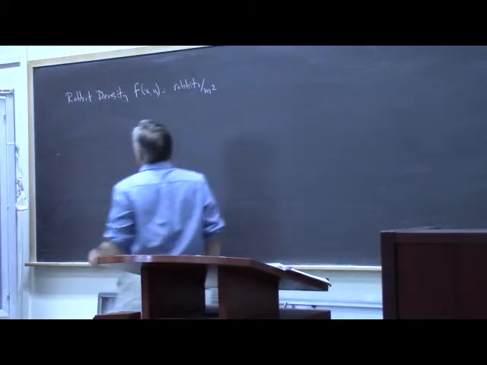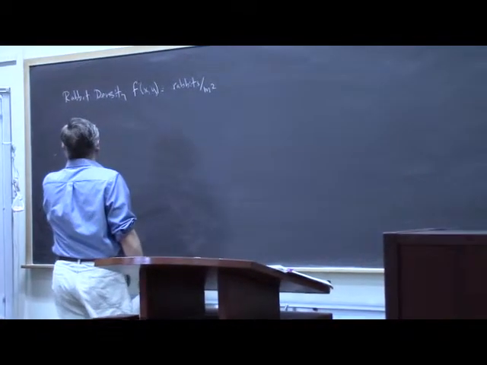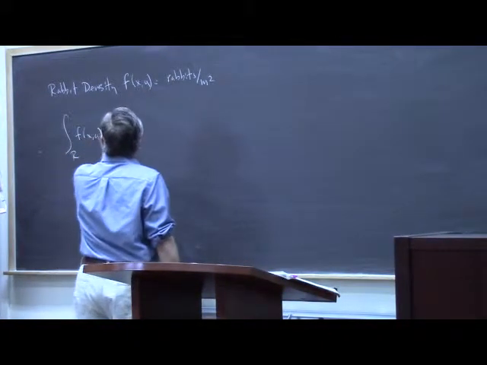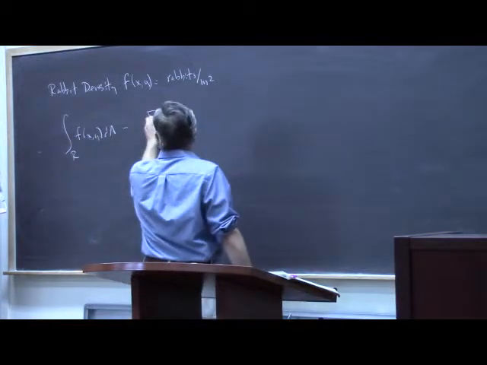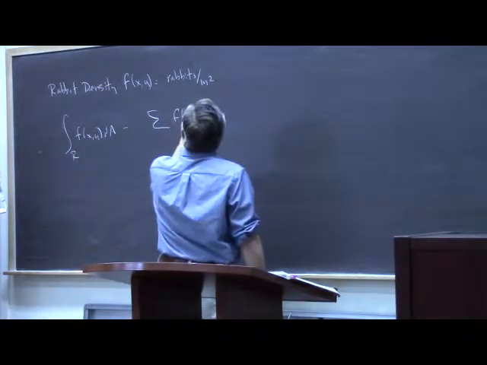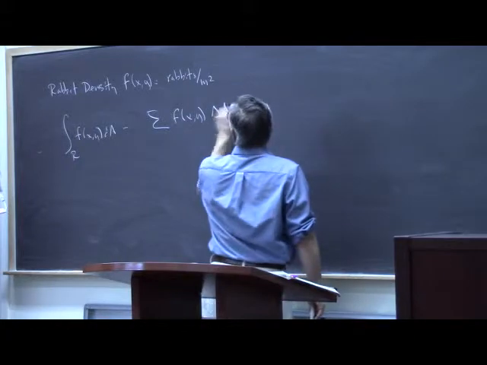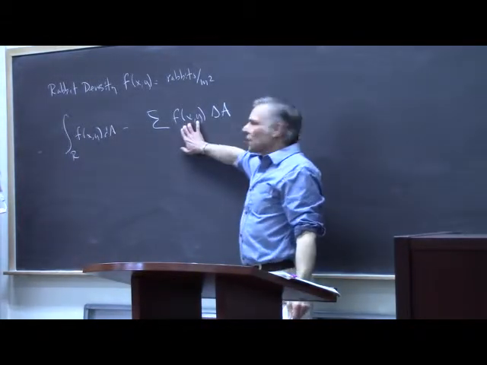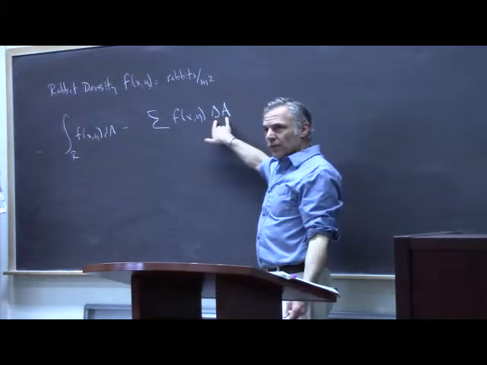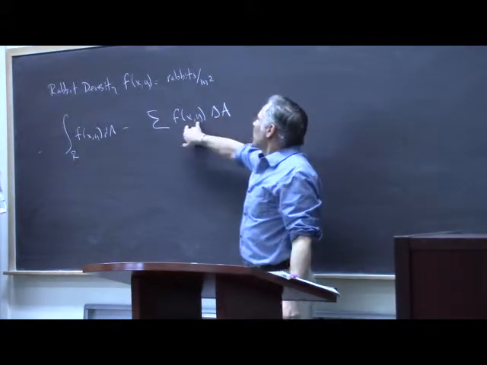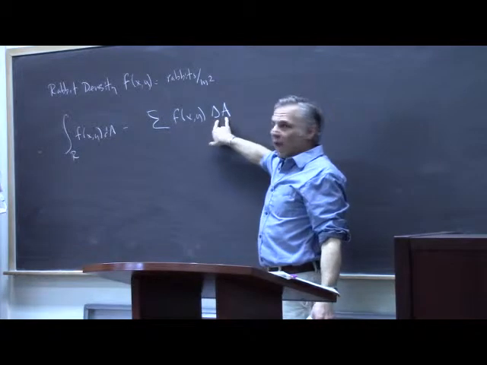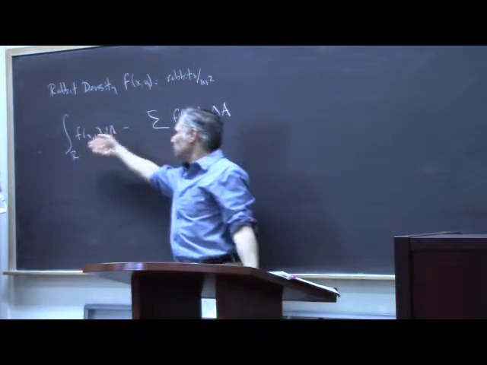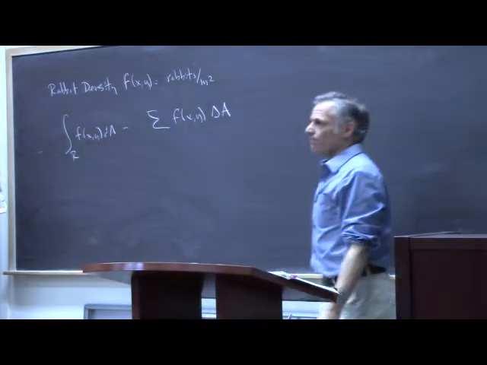And then if we have some region, we would take rabbit density and multiply that by some little area. We've done this a bunch. Rabbits per meter squared times meter squared gives you rabbits. You add up all of those, and you get the total number of rabbits, and that's what this quantity represents.